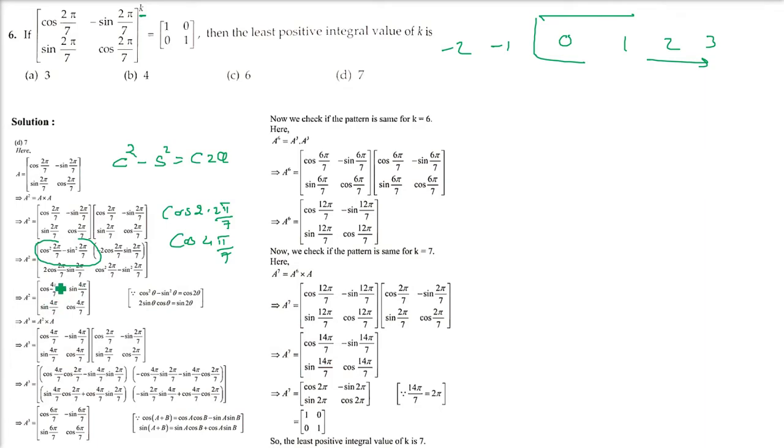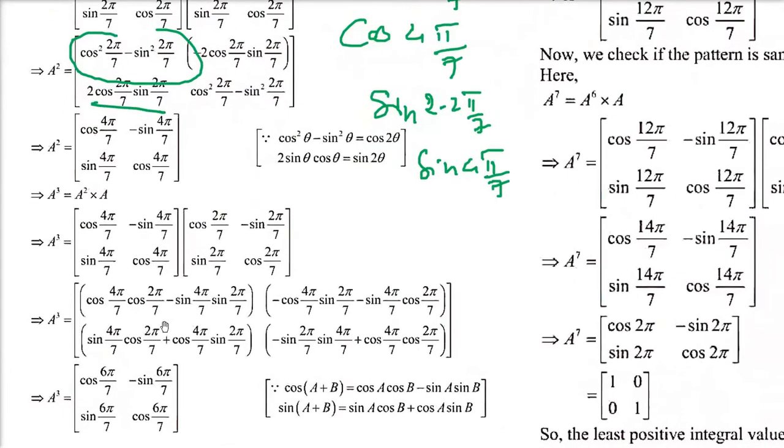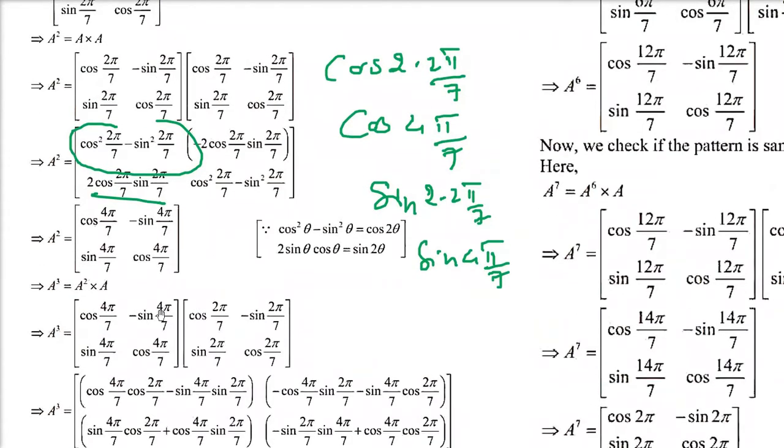And what about 2 sin theta cos theta? 2 sin theta cos theta is sin 2 theta. So sin 4 pi by 7 will come. Please keep the sign like that, because sign will also come negative, positive like that. But these are the equations you have to use.